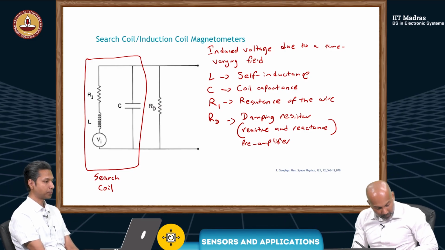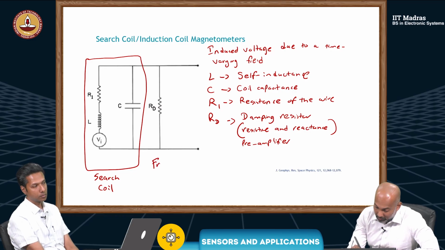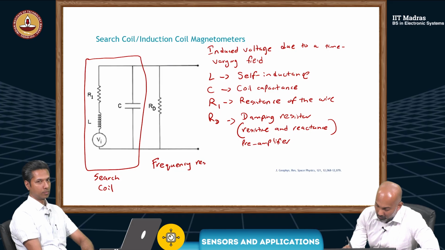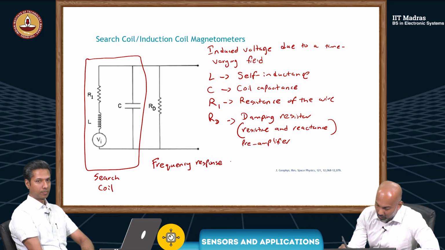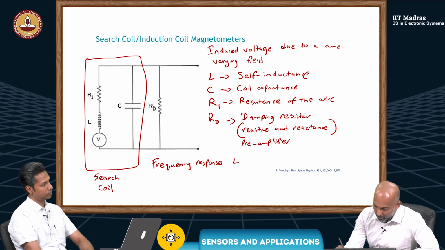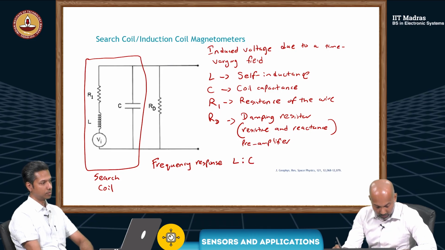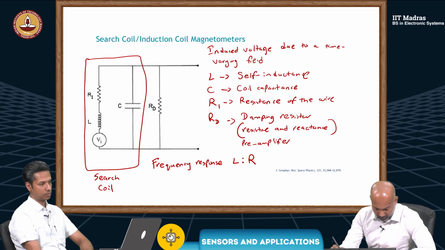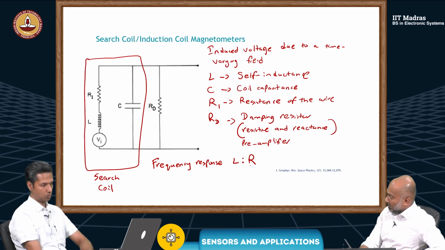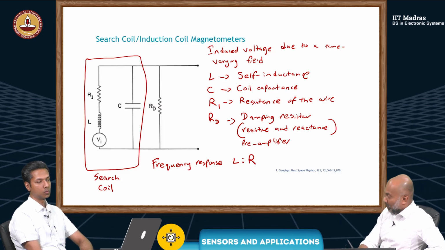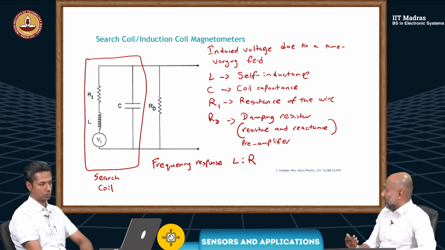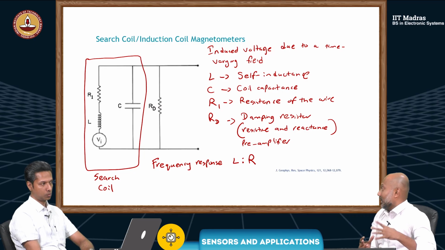Now, you talk about the frequency response. That's limited by the ratio of L to R. So basically, the time taken for the induced current to dissipate when B disappears.